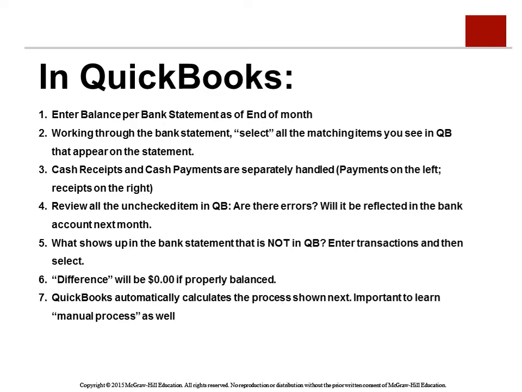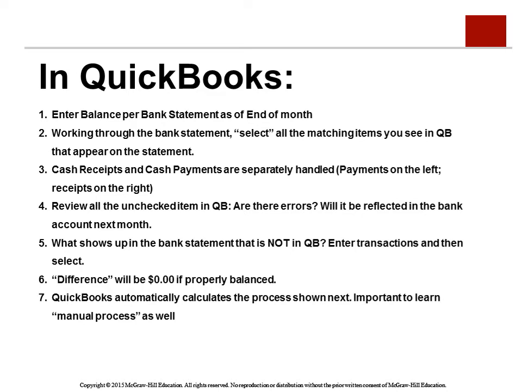I see a deposit for $50 on the first. I select $50 deposit on the first. And I go through and I make sure that everything that is on the bank statement has been selected in QuickBooks. That's part one.